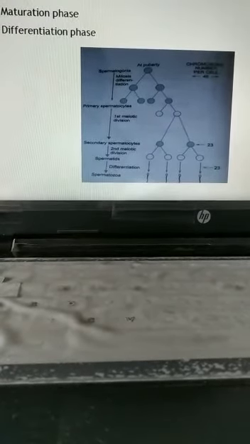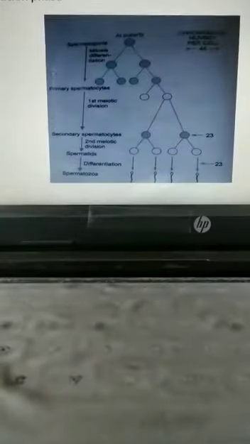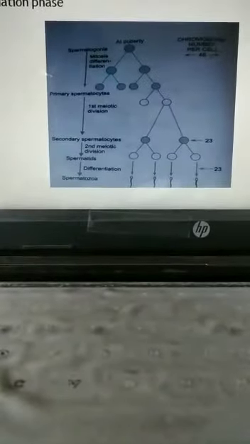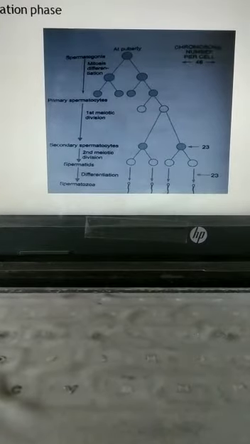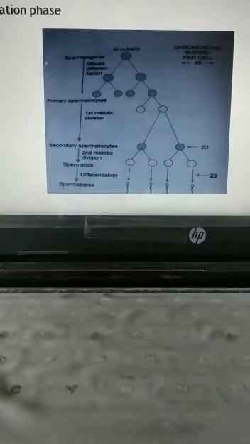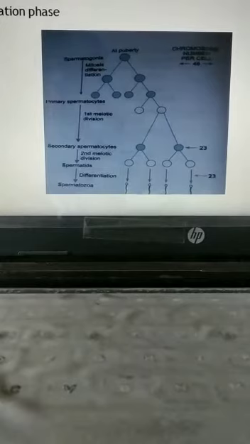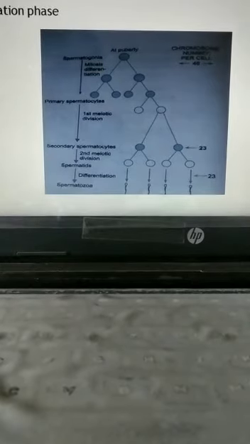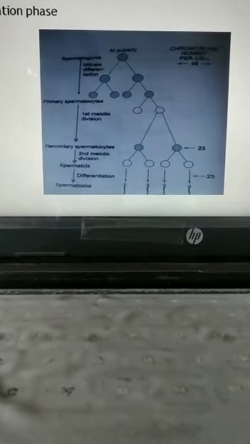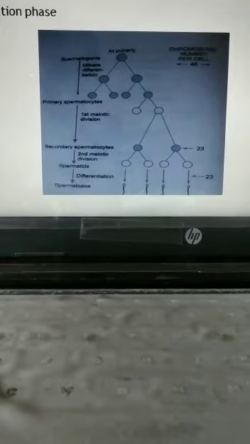Last phase is the differentiation phase. The spermatids are transformed into spermatozoa or sperms by the process of spermiogenesis.